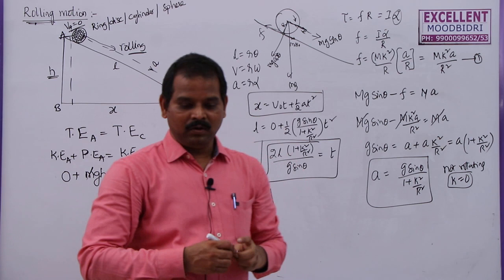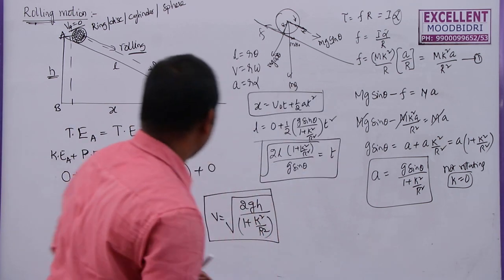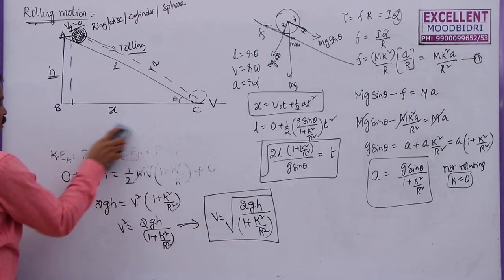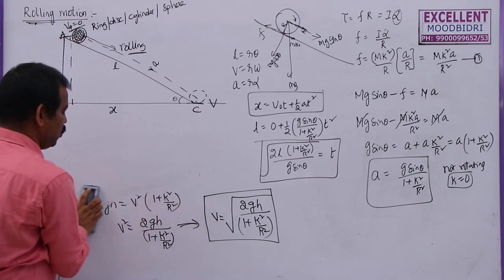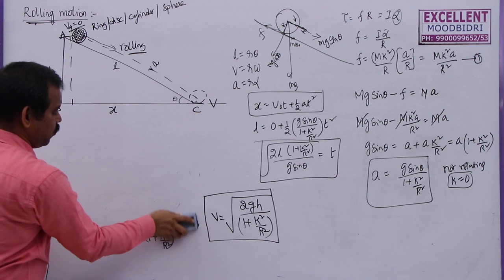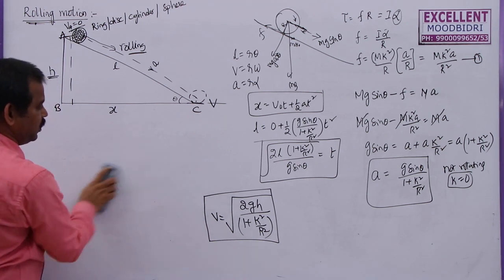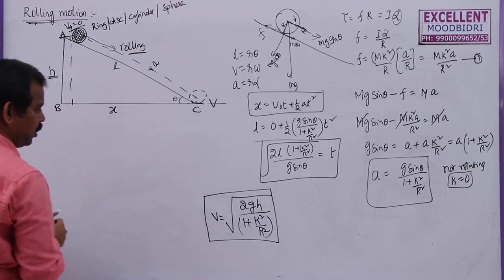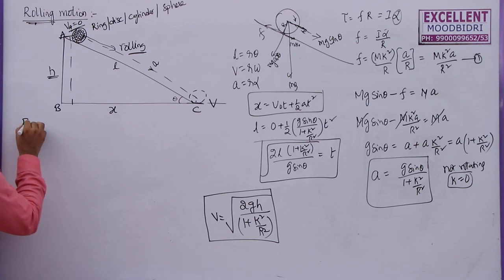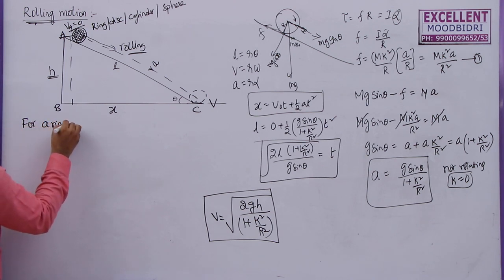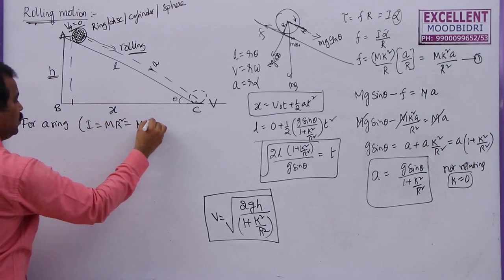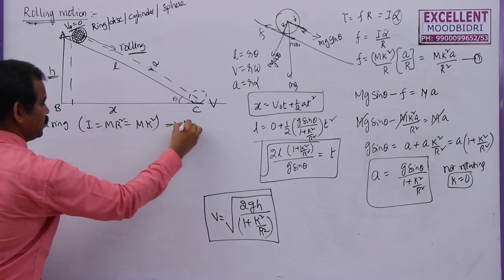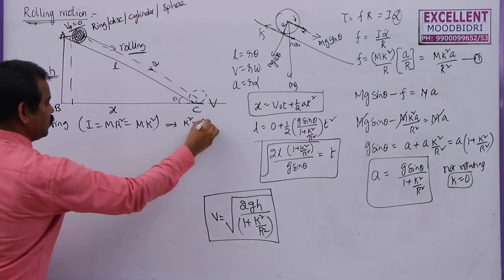Now, if you consider different bodies here, first let me take the ring only. If I release a ring here, what is the velocity on reaching the ground? What is the acceleration of that ring? How much time will it take to reach the ground? Here, for a ring, moment of inertia is MR square, which is equal to MK square. So we can write k square is equal to R square.